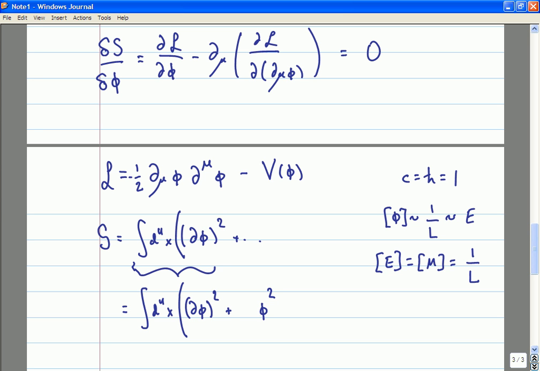So we give a name to that coefficient. We call it mass squared. Indeed, in particle physics, it's precisely the mass of the excitation of phi. It's precisely the dimensionful number that sets the energy scale for the excitations of phi.